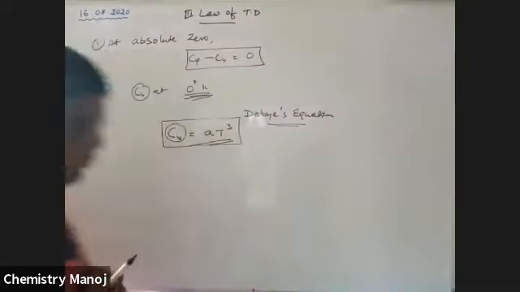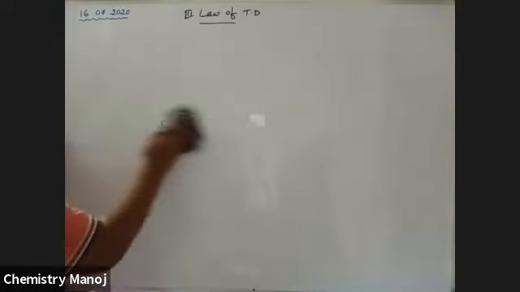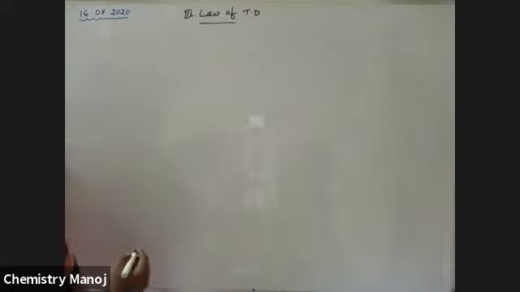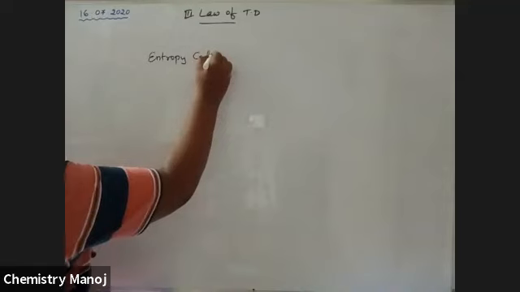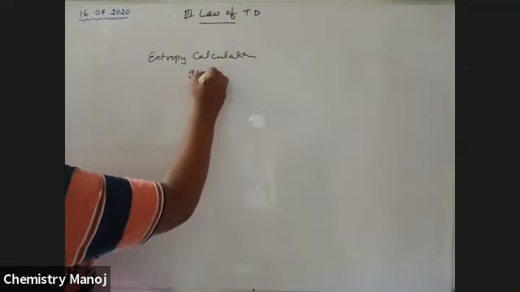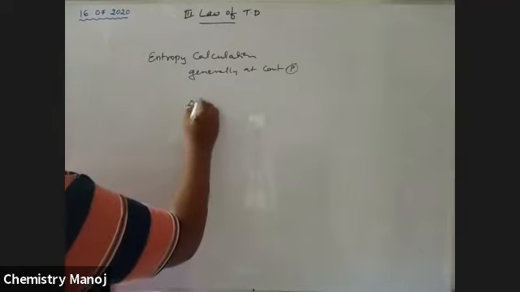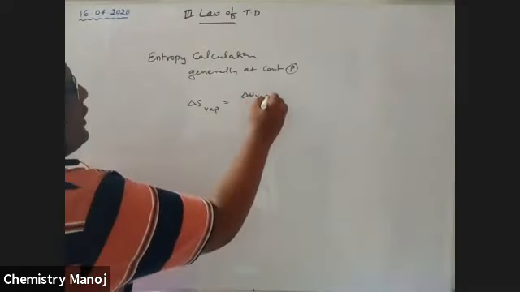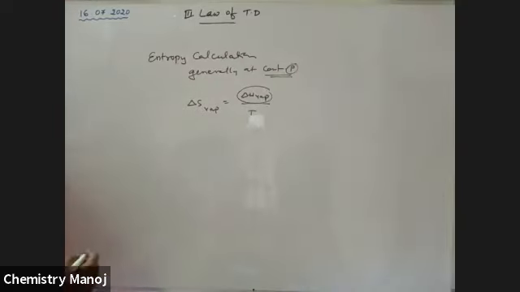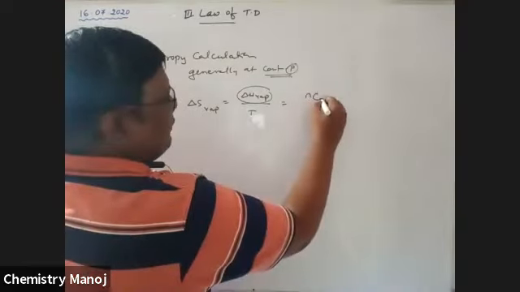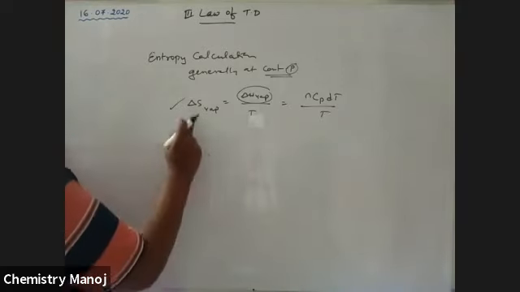Next one. While calculating entropy, generally at constant pressure, delta S vaporization is equal to delta H vaporization by T. Because it is at constant pressure, delta H is equal to n Cp dT.